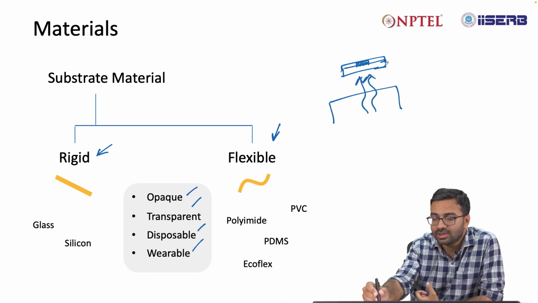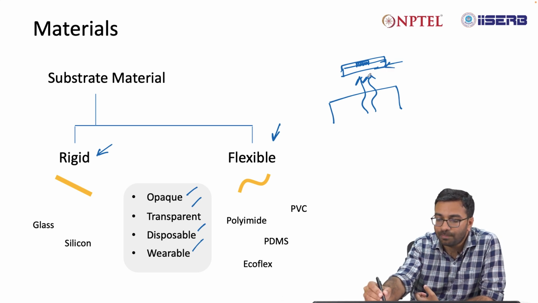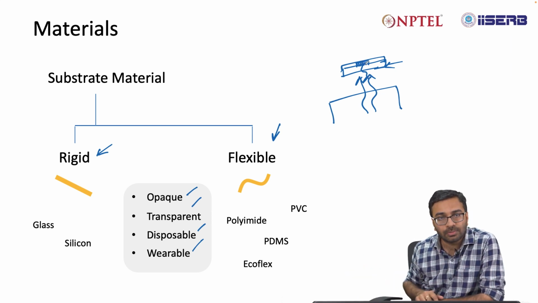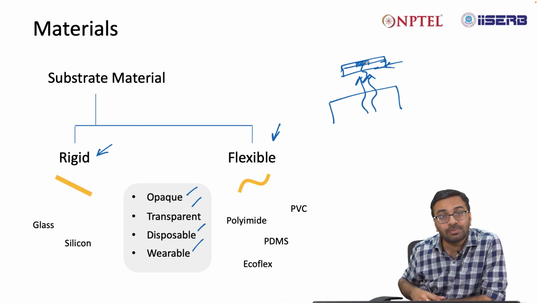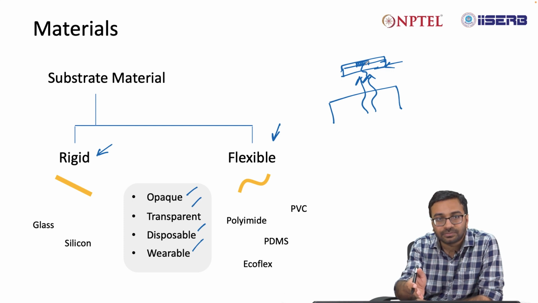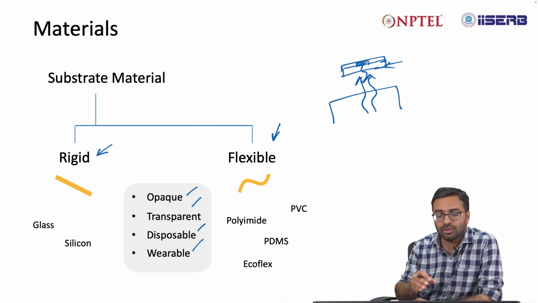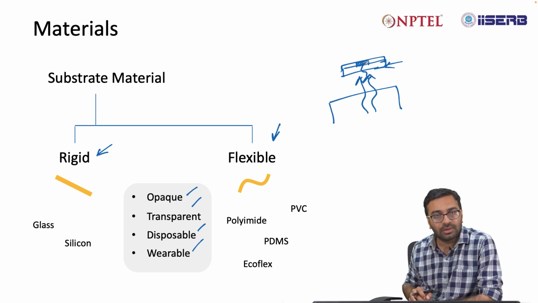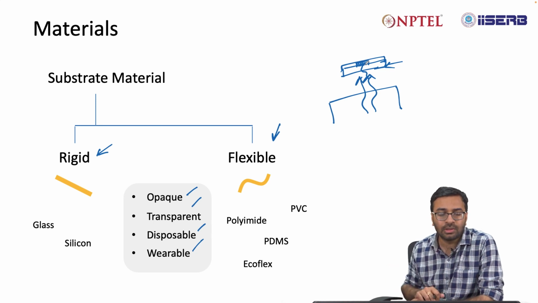In that case, your substrate has to be transparent, because this optical signal has to reach the active material. Until the optical signal is interacting with the active material, you will not get any sort of response. That's why you need a transparent substrate. That transparent substrate can be rigid, can be flexible.